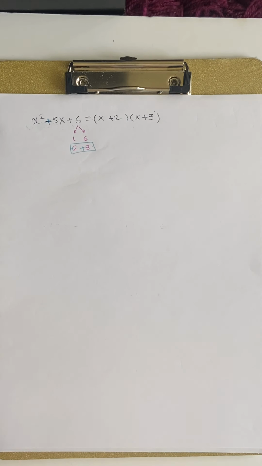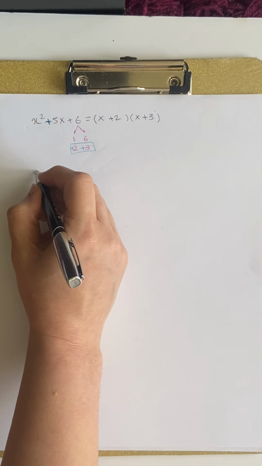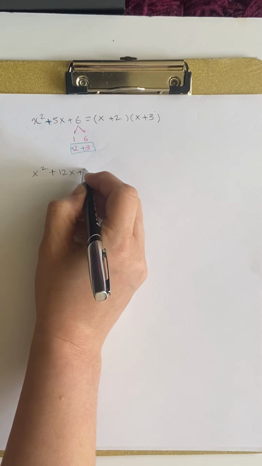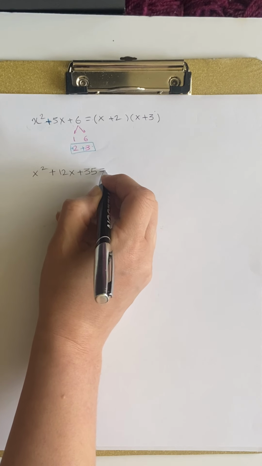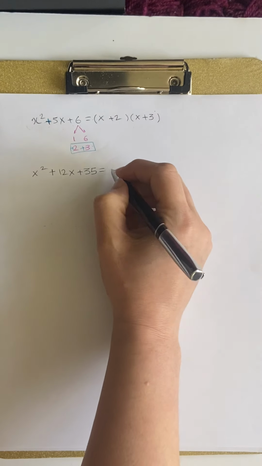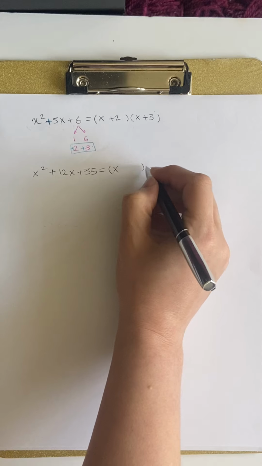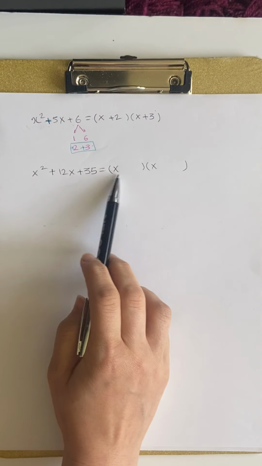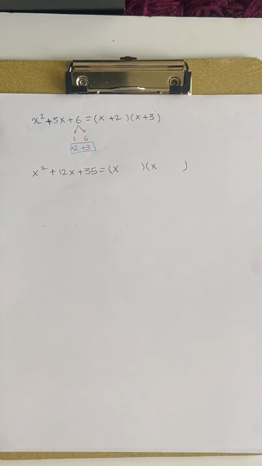Let's do one more example. If I have x squared plus 12x plus 35, first we check and we say that this is the basic general trinomial. So it is going to factor into two brackets that start with x and x.